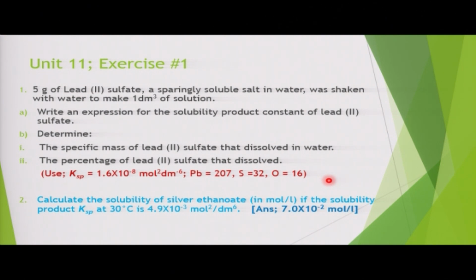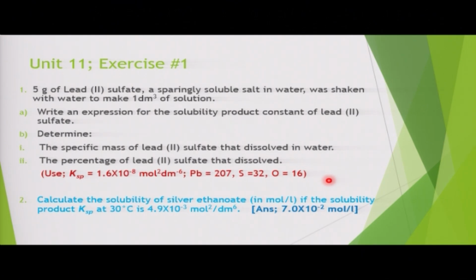Exercise 1. What does it say? We have lead sulfate. You need to know how to write the equations, because sometimes they will not give you the equation. But if you're lucky and they give you the equation, advantage. But you need to know how to write the equations. This is lead sulfate, was shaken with water to make a liter of solution.